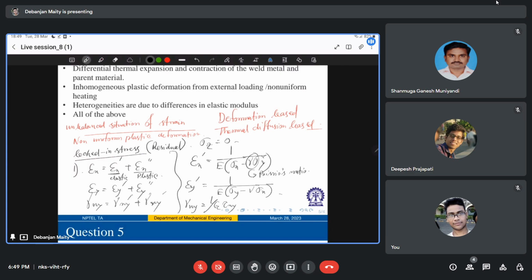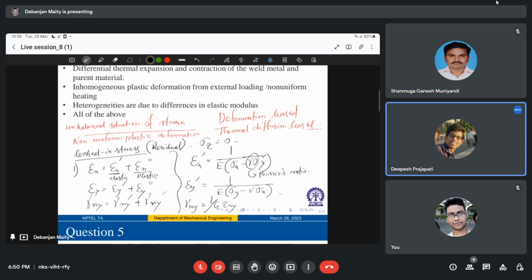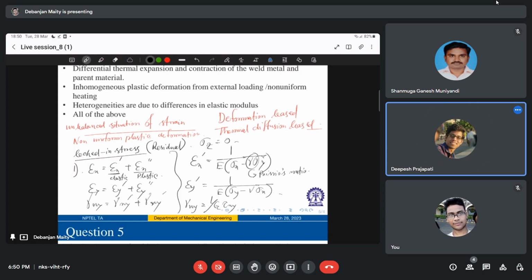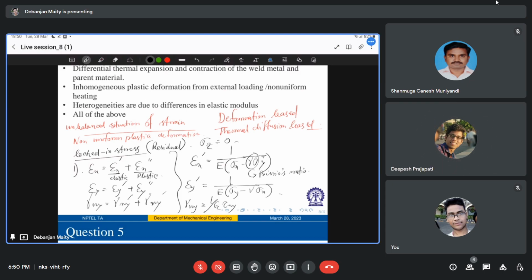Can you tell me what is G? These are all about solid mechanics. What is G? Modulus of rigidity.